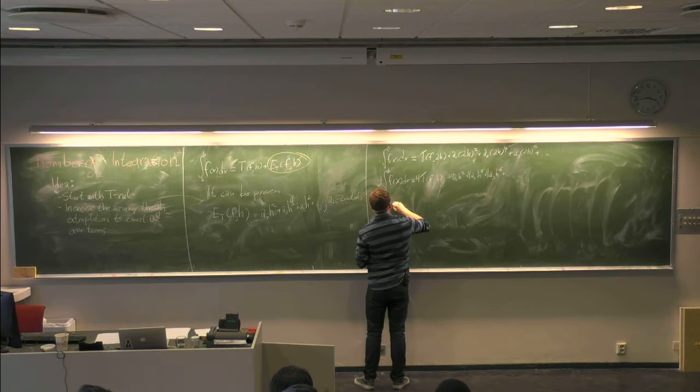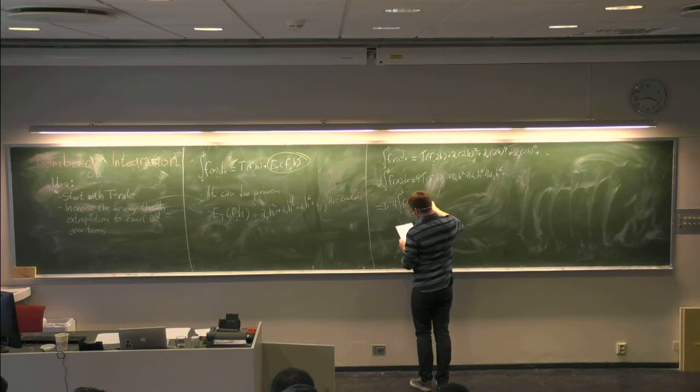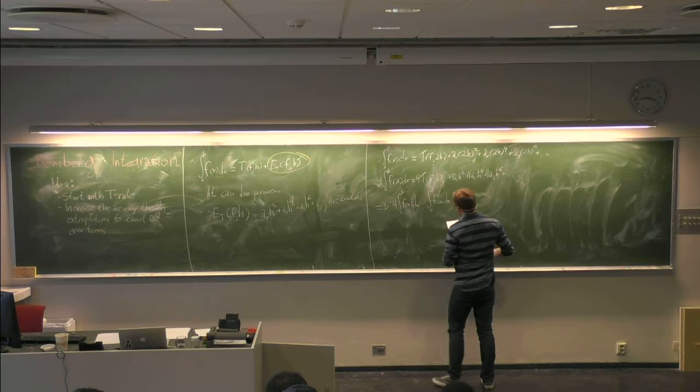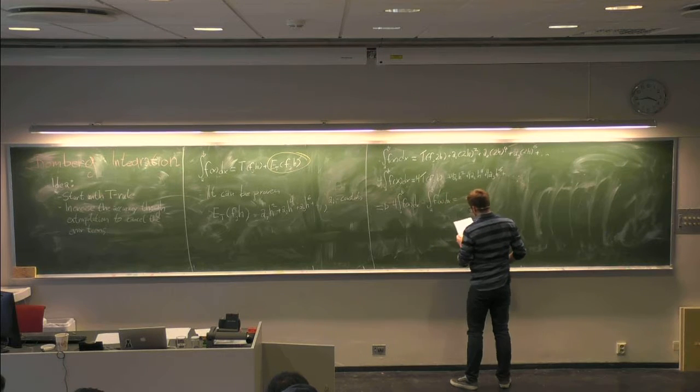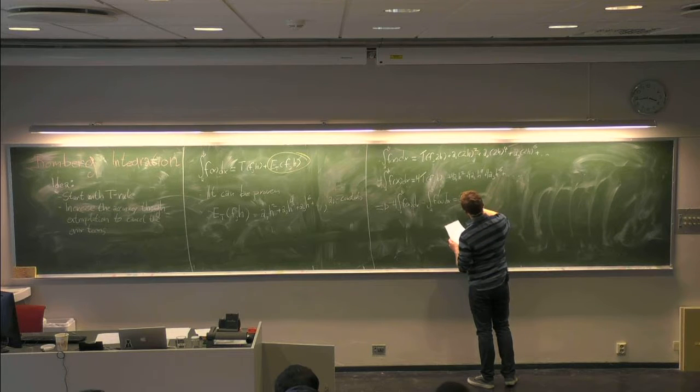So we have 4 times the integral from a to b of f of x dx, minus the integral from a to b of f of x dx, equals 3 times the integral from a to b of f of x dx.